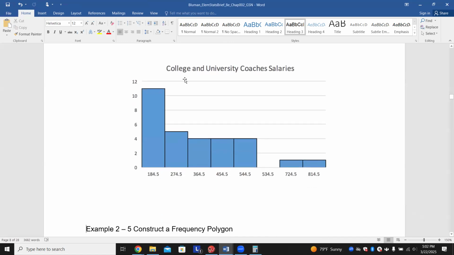You have a title for it. You have your x-axis labeled with the midrange, which is completely okay. I like actually writing out the lower and upper bound, but this is a typical thing to do as well. And then they went by frequency, and since they had one at 11 and some at 1, they decided to go by 2.